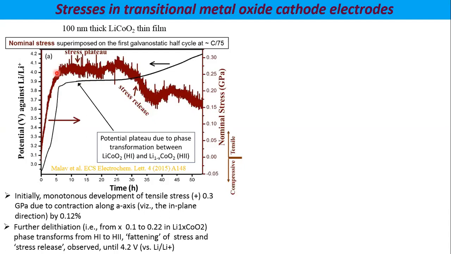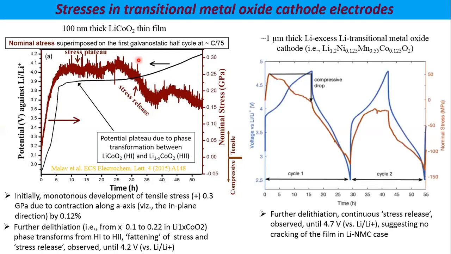You will see a stress plateau. So this stress plateau, followed by the stress release, is due to the phase transformation from hexagonal one phase to hexagonal three phase. And you will see that due to this stress release, we observe that these lithium cobalt oxide films also get fractured.